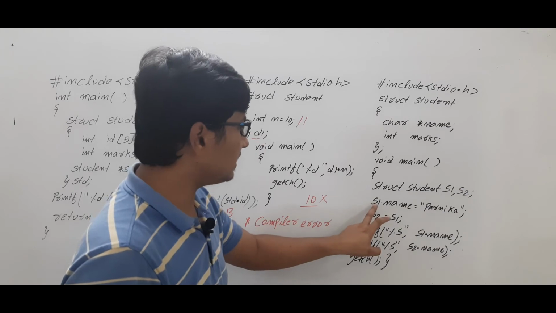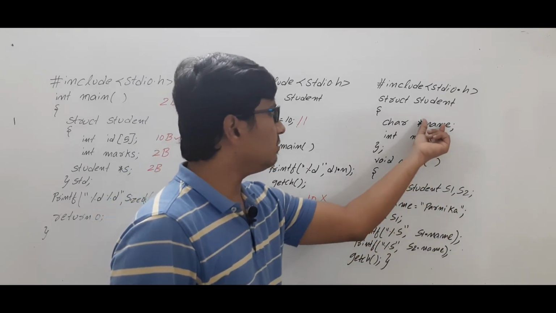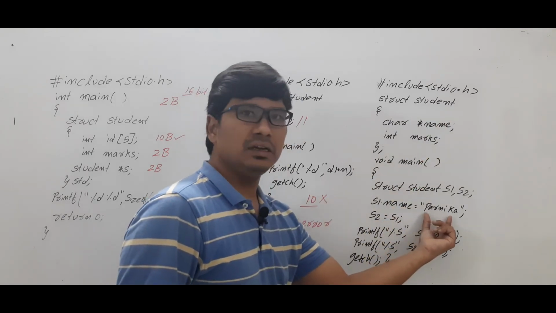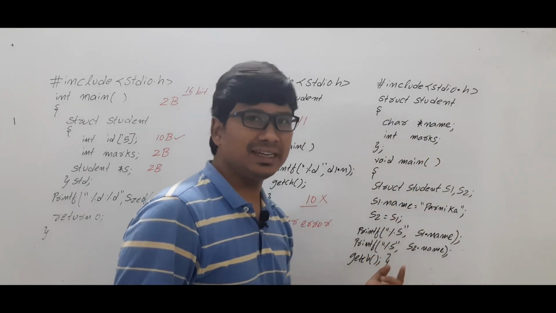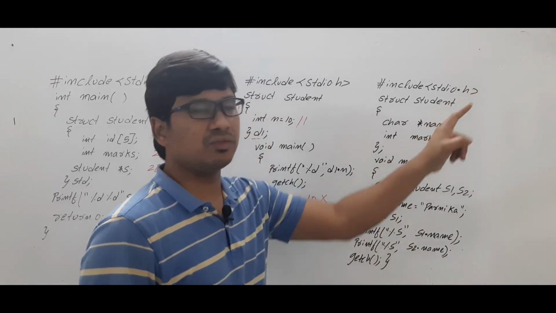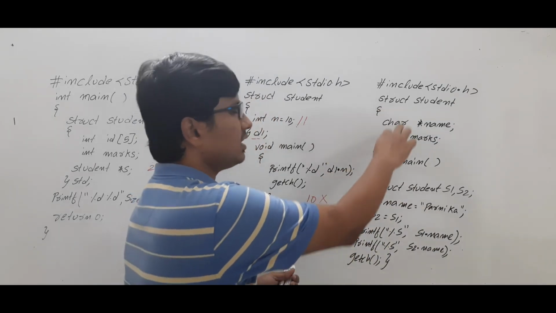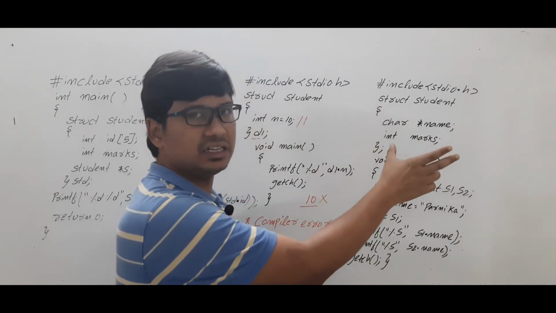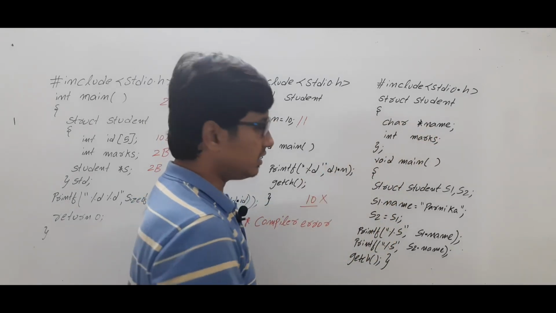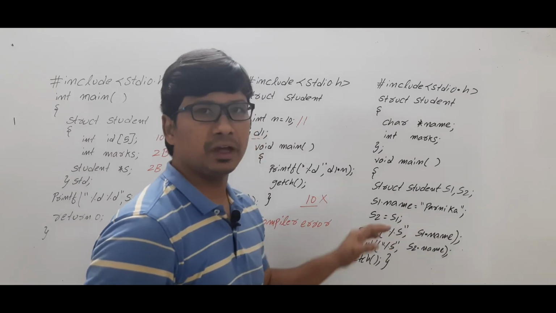Now if you look at s1.name is equal to Parnika, name is a pointer, so you are assigning a string to it, meaning the pointer will have the base address of the character array Parnika. Is it clear? So the Parnika array or string is there, and as it is a character pointer, it will hold the starting address of the string.